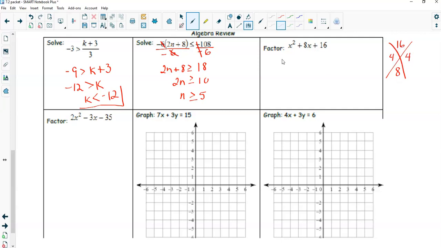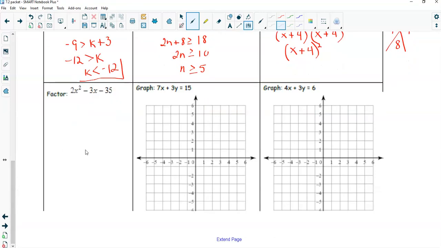So that means it's x plus 4 times x plus 4, which in this case is x plus 4 squared. There you are.